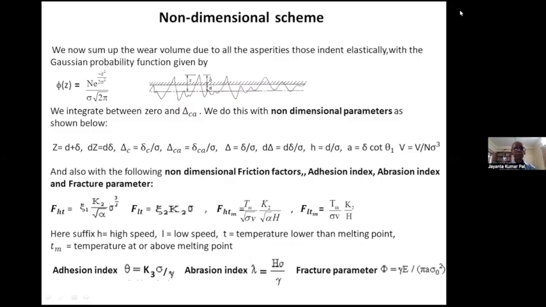Now, before we go to this, let us remind ourselves that we are looking at the contact between two rough surfaces.